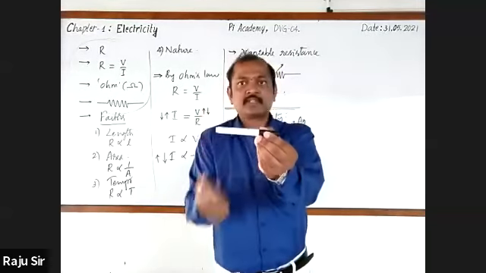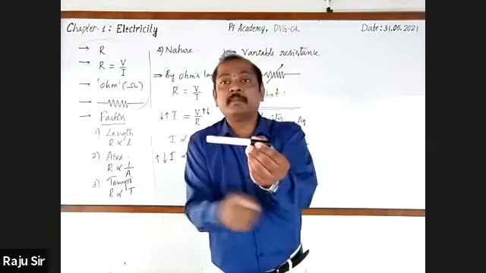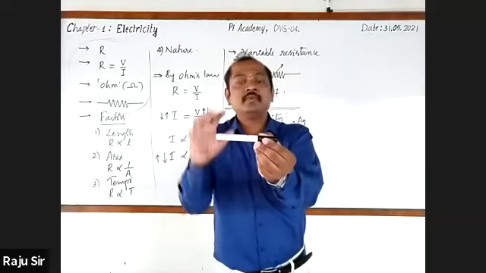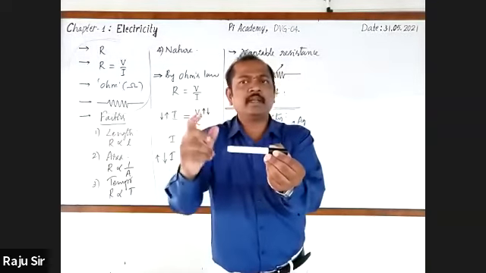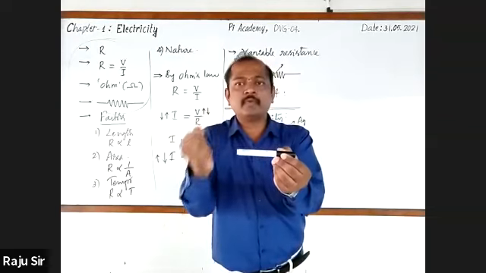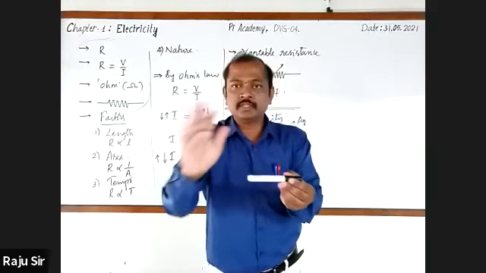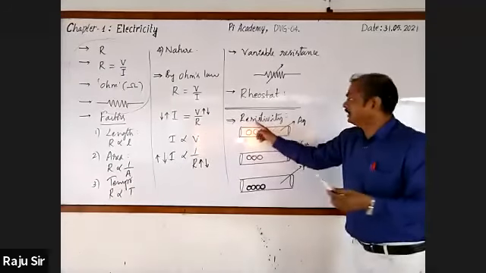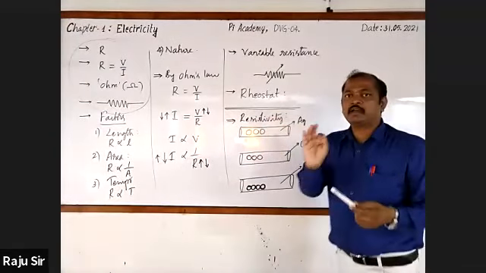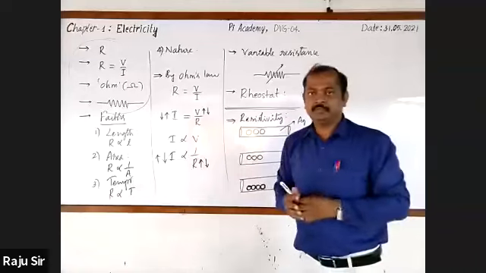Whereas this is different in case of other metals. We can say that every metal has its own power to oppose the flow of electrons, and this is to be termed as electrical resistivity or electric resistivity.